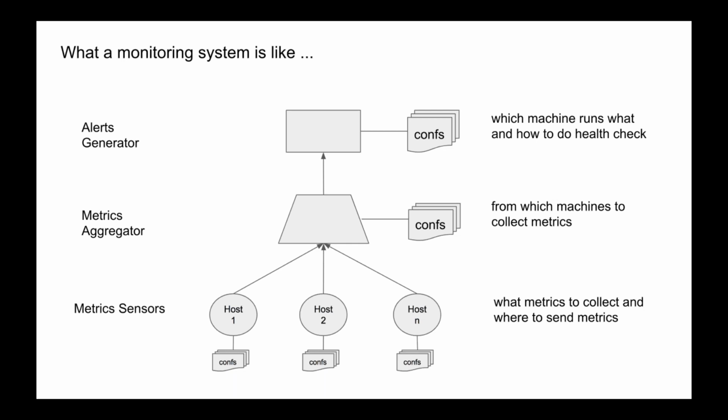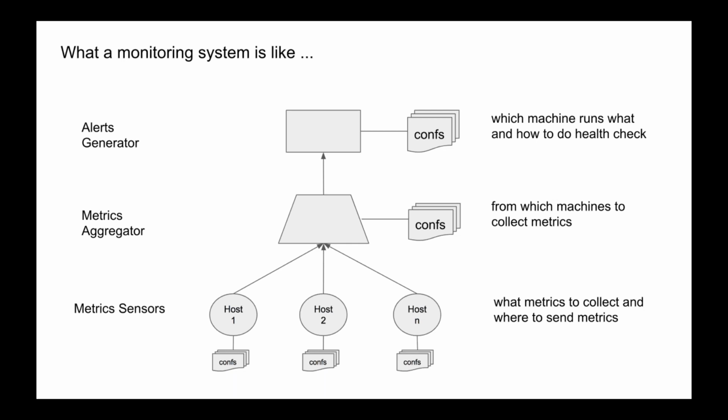So to solve the problem, first we have to understand what a monitoring system is like. A monitoring system typically consists of three types of components. At the bottom, you see we have metric sensors. They are running on every host in the system, and collect metrics.